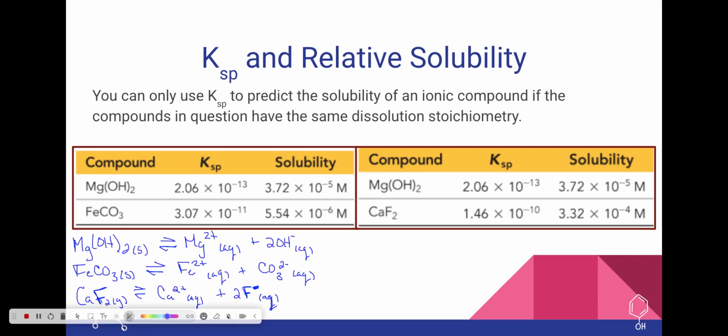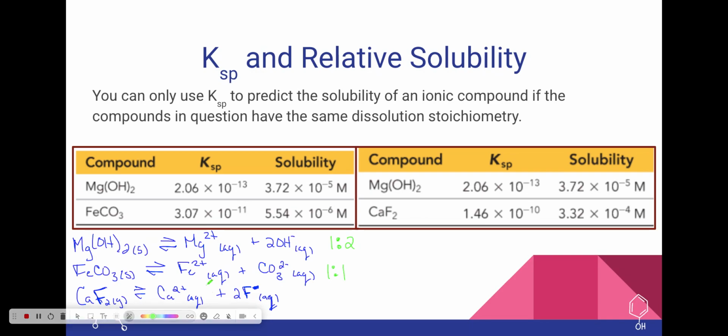Magnesium hydroxide, if we're looking at it right, is going to form 1 magnesium ion and 2 hydroxide ions. So that is a 1 to 2 of the ions that it's going to form. Then iron 2 carbonate forms 1 ion of iron plus 1 carbonate ion. So that's 1 to 1.